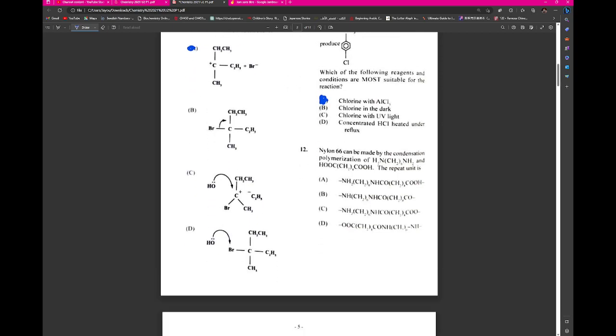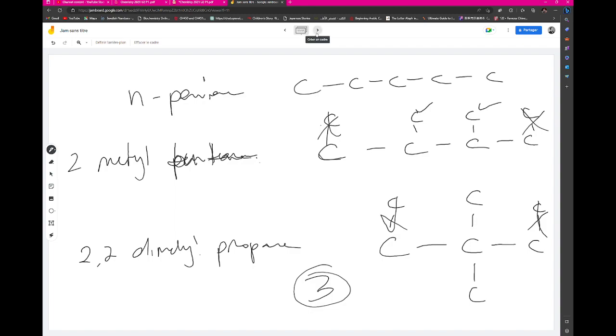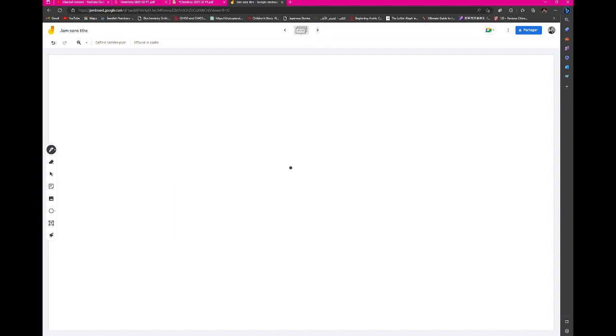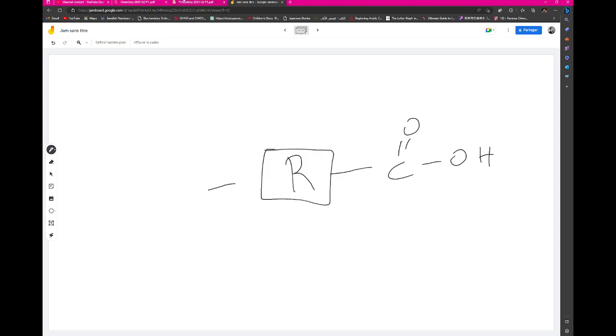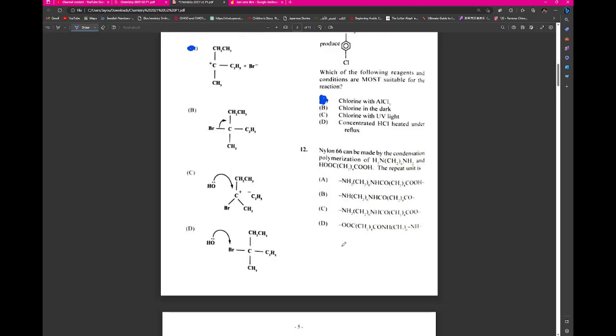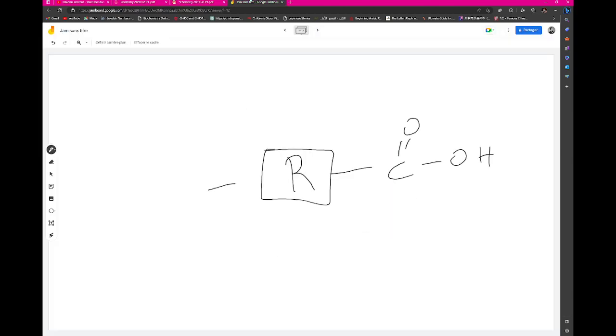Nylon 66 can be made by the condensation polymerization of that and that. What will be the repeating unit? Remember, we're going to have a dicarboxylic acid and a diamine. So overall, we're supposed to have a constituent which has a COOH and an NH over here.